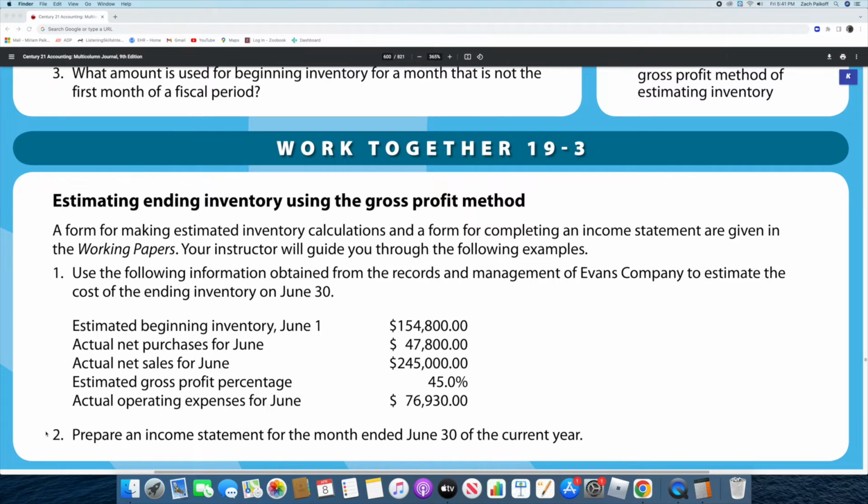And number 2 is asking us to prepare an income statement for the month ended June 30th of the current year. Okay, so now that I've read over the instructions, let's jump right into the 19-3 Work Together.